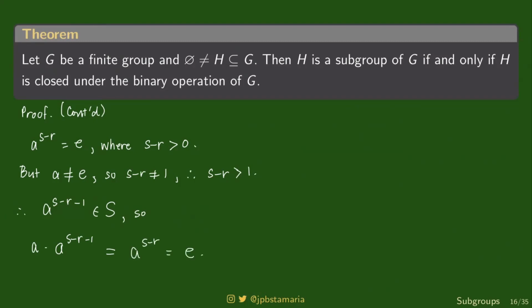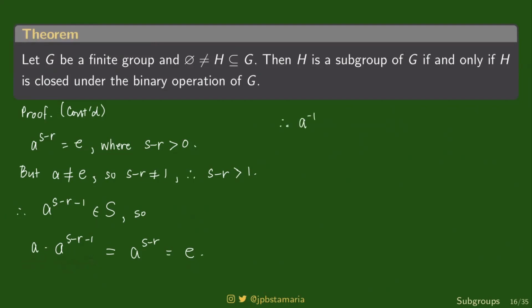Correct? Correct. So, if two elements have a product equal to e, how are they related to one another? If two elements multiply ko, lumabas identity, magkaano-ano sila? Very good. They are inverses of one another.